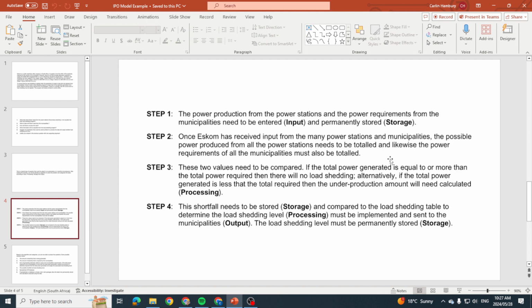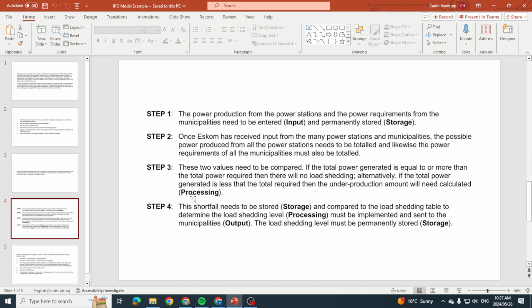If the total power generated is equal to or more than the total power required, then there will be no load shedding. Alternatively, if the power generated is less than the total required, then the underproduction amount will need to be calculated. Can you see anything to do with those calculations? That's going to be dealing with processing.